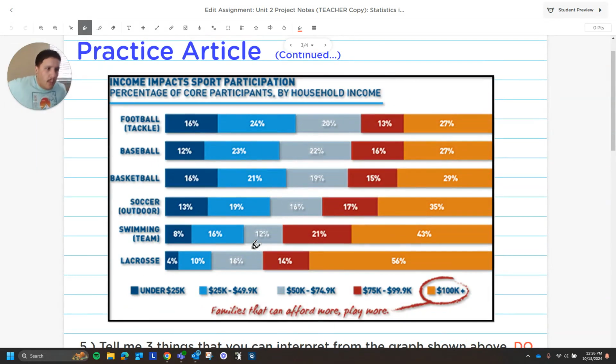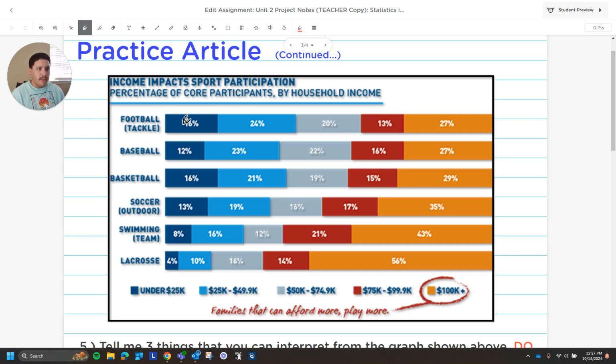So, one thing that I can say from just this graph in particular: lacrosse is 4% under 25K. Of the families that make under 25K, only 4% are playing lacrosse, which is the lowest out of all of them.